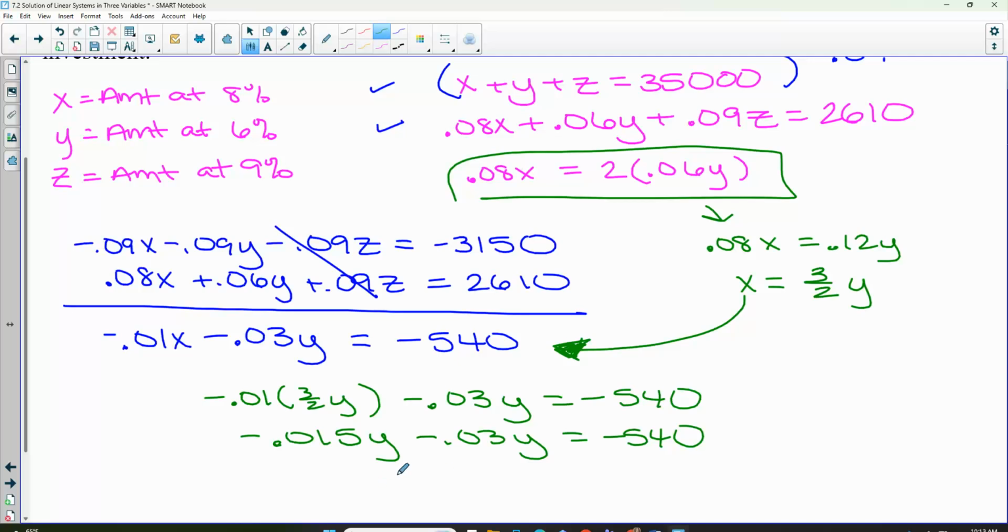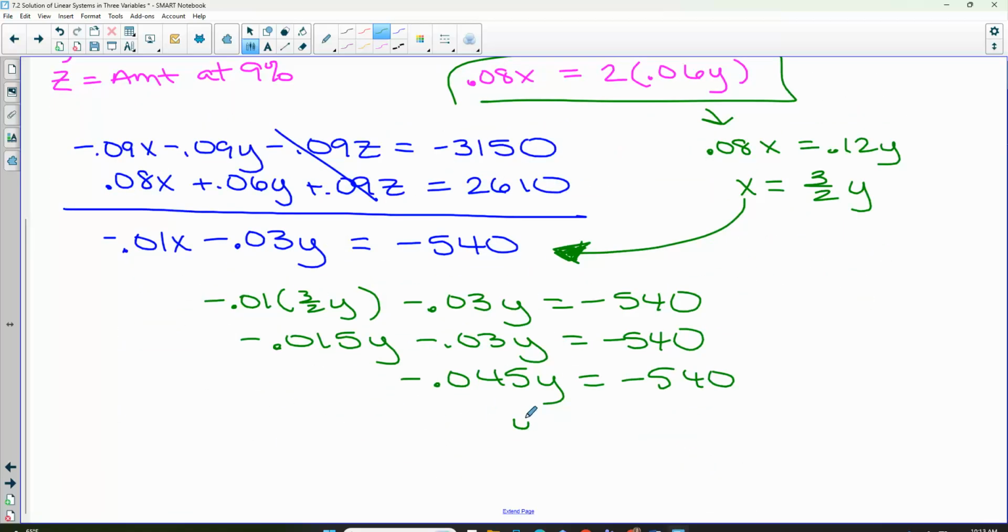So if I combine like terms, divide by negative 0.045, and we get what? Once we have y, we can plug that back in and get x.